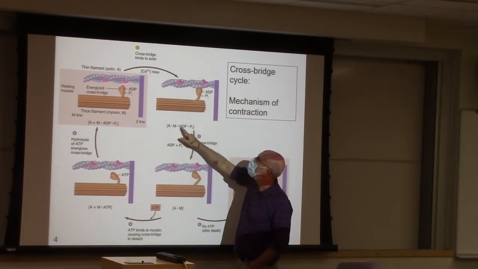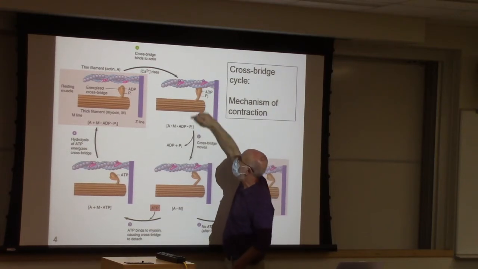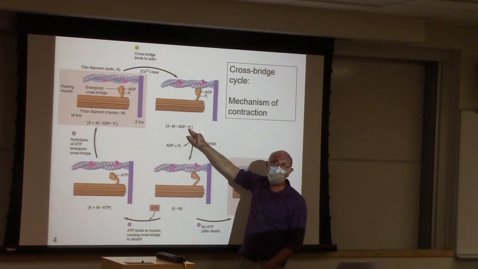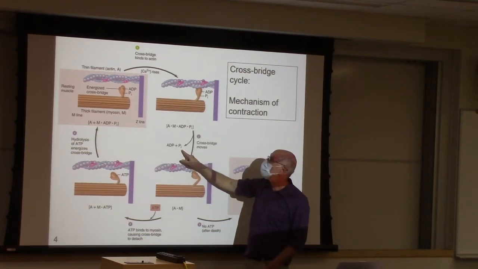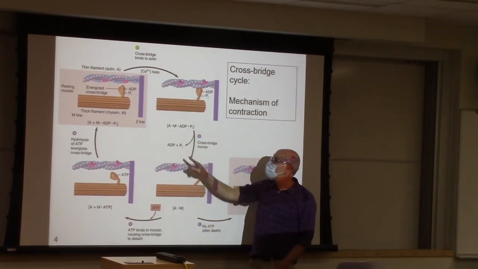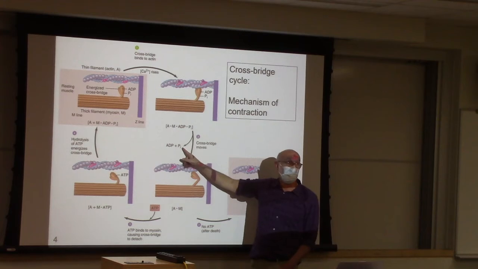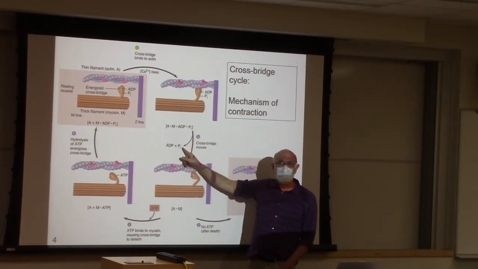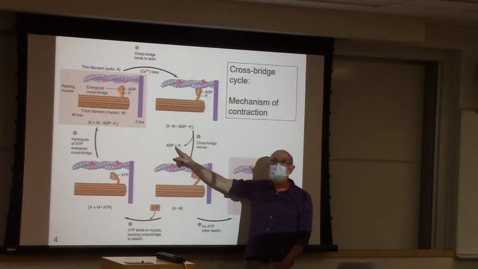When the myosin binds to actin, the affinity for ADP and phosphate goes way down, and so ADP and phosphate are released from myosin. That release causes the power stroke. The power stroke is caused by the release of ADP and phosphate.